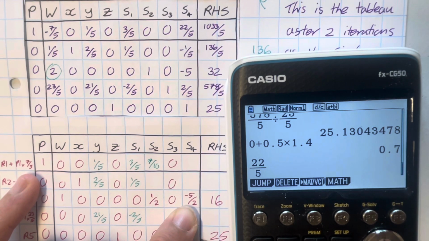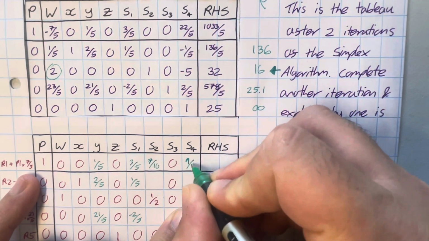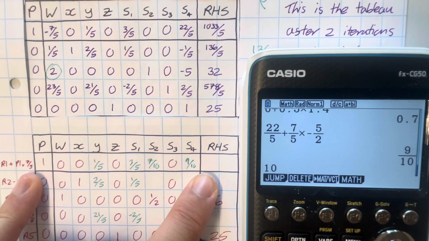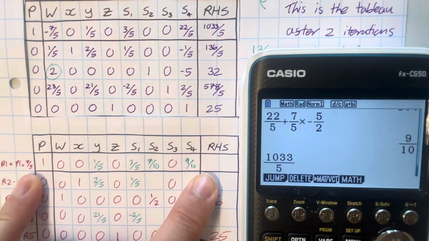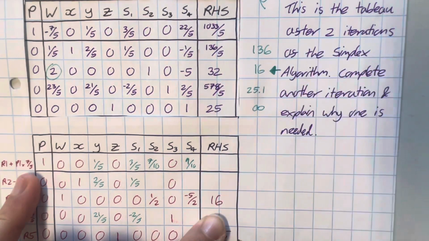Then I'm going to add 7/5 times the pivot row value, which is minus 5/2, which is 9/10. And then finally, this one, 1033/5 plus 7/5 multiplied by 16, which is 229.